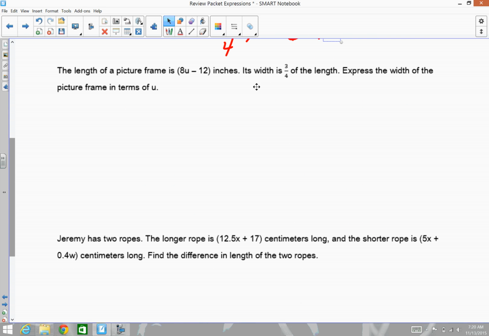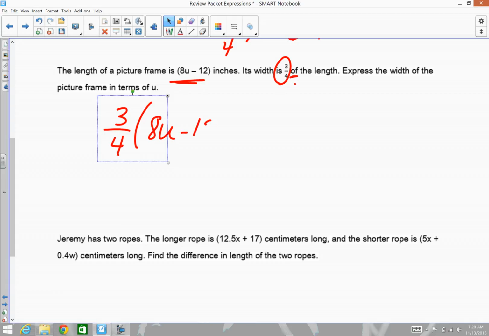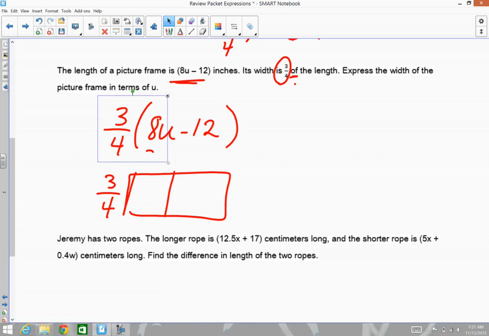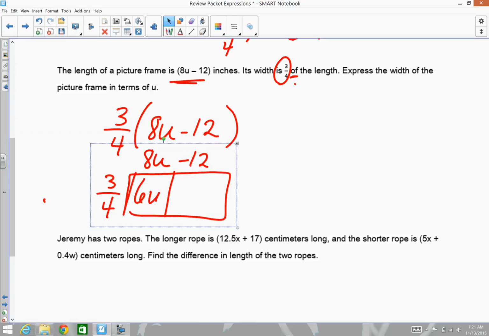Okay, for this one, they tell you the width is 3/4 of the length. Okay, of means to multiply, so we're taking this length and multiplying by 3/4. Okay, and we can set up a box for that because we have the distributive property. Okay, 3/4 times 8u is 6u, and 3/4 times -12 is -9.